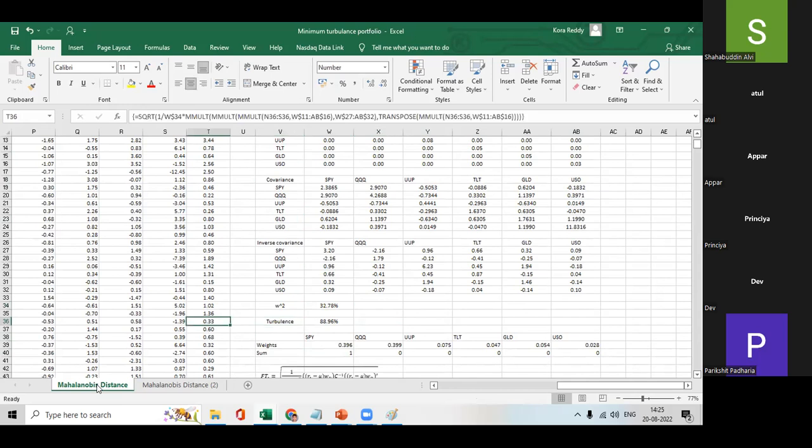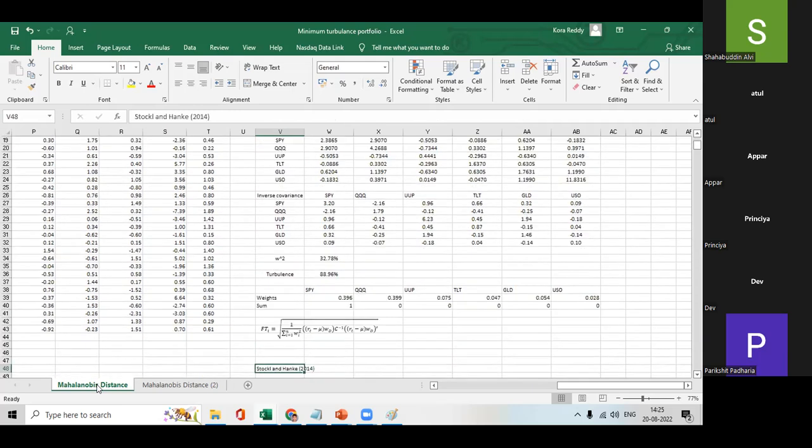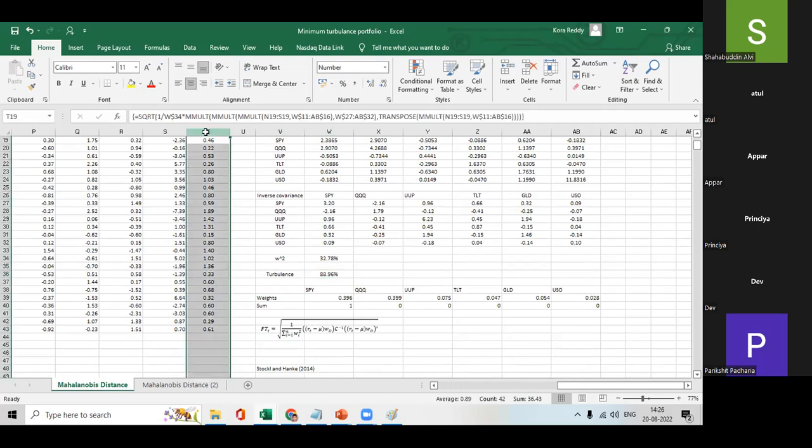This turbulence, this is a big formula. This formula is nothing but this one. If you understand it, it's well and good, right? So you calculate the turbulence as you go, and then you get total turbulence, which is the average of this particular stuff. 0.89, 89 is what I got.